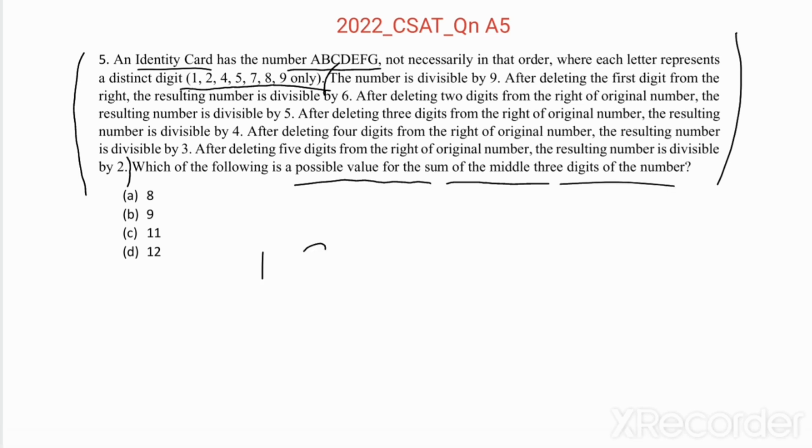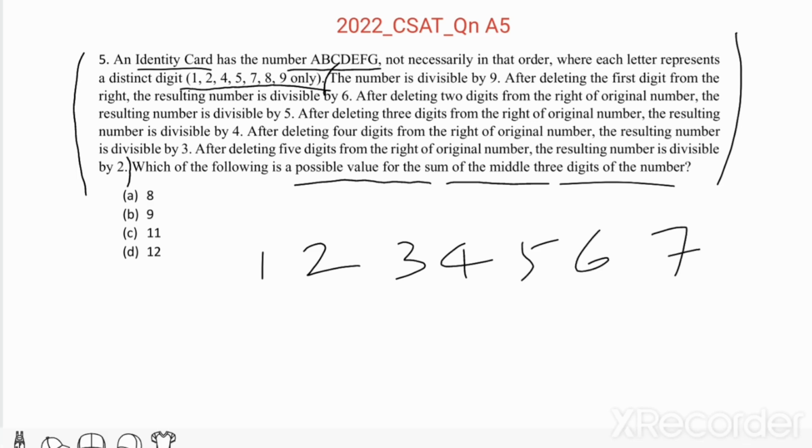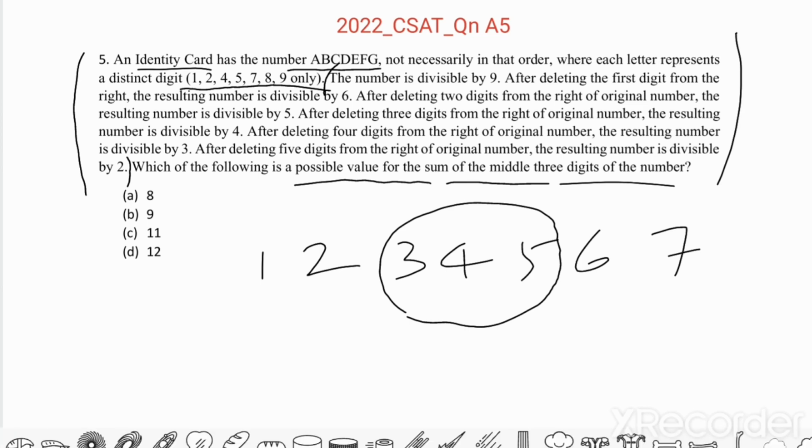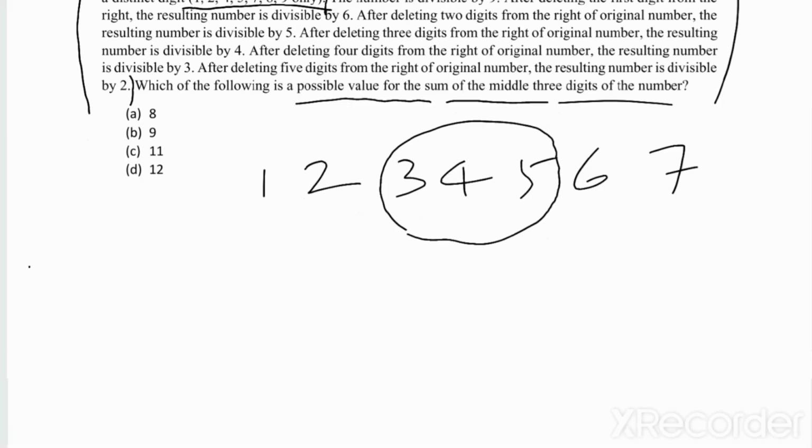Suppose 1, 2, 3, 4, 5, 6, 7 are the 7 digits of a 7-digit number. Then we have to find the sum of the third, fourth and fifth digits of that number. Now let us see the statements given here.